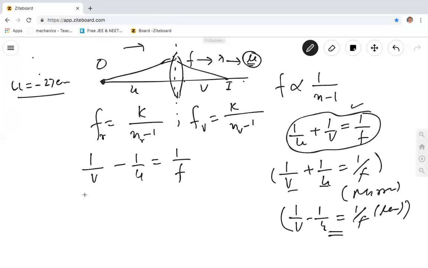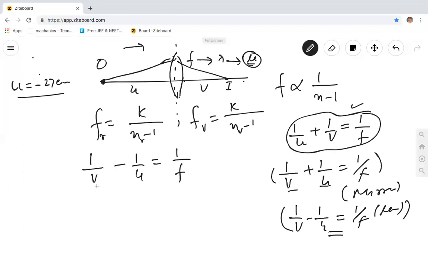Anyway, now see what I will do here. I want to find, because finally I had to find, what is the final image formed when we use which kind of light? Violet image. Let me first tell you where the final image is formed.